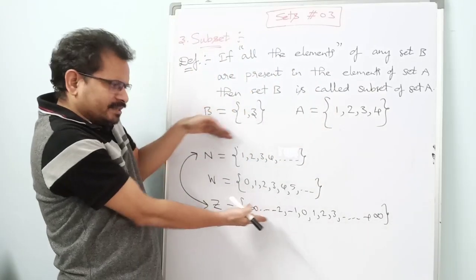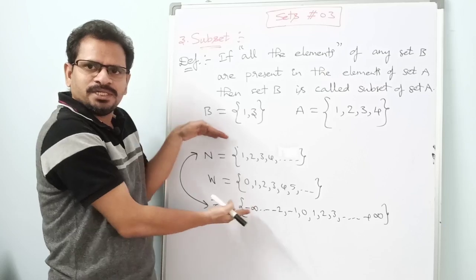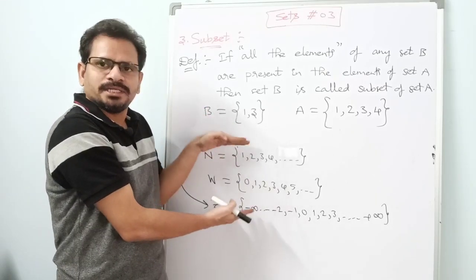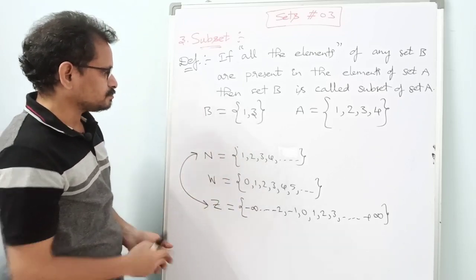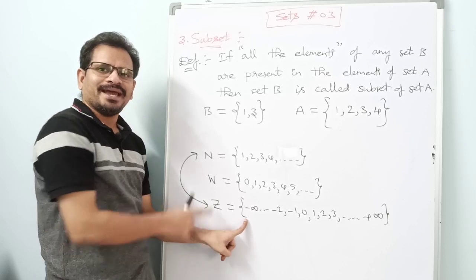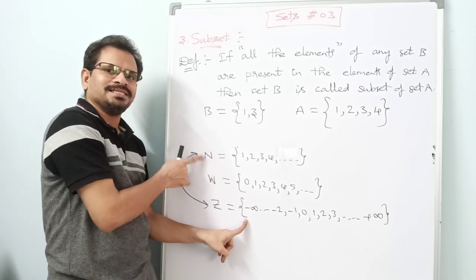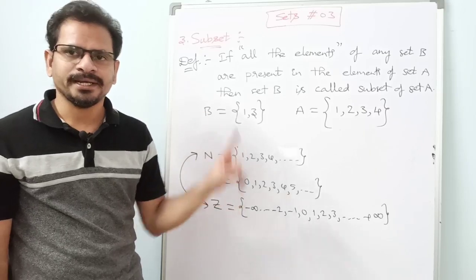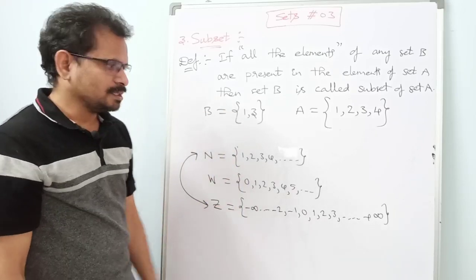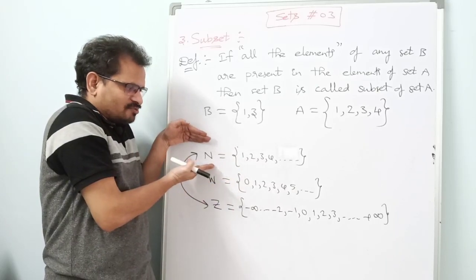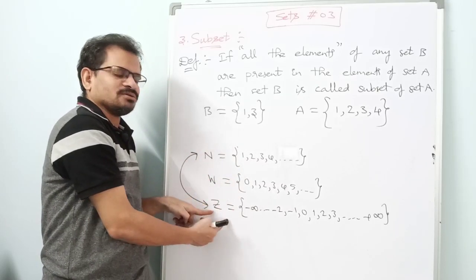I have retained the previous example which we used for the explanation of the universal set. You can use it here also. In the previous case, this is the universal set, and these two sets are related sets. We used the word related in the definition. Now let us check whether these are subsets of this one.